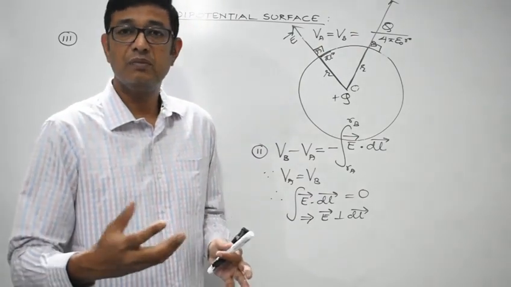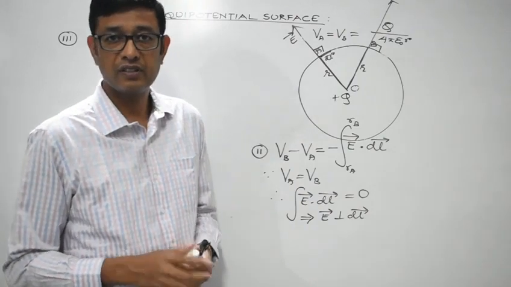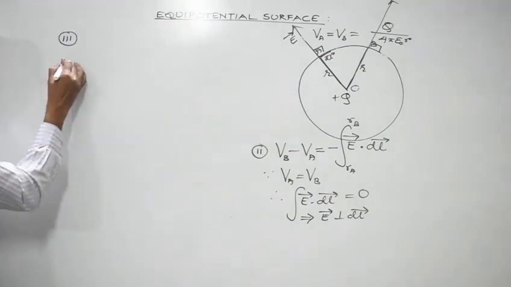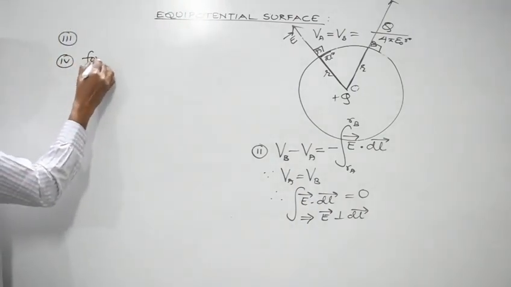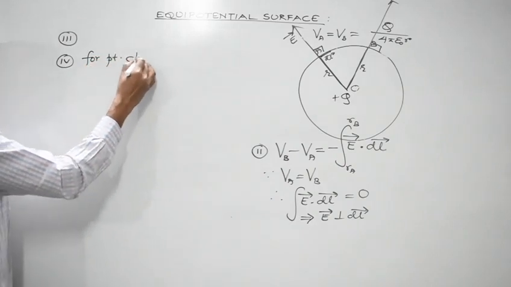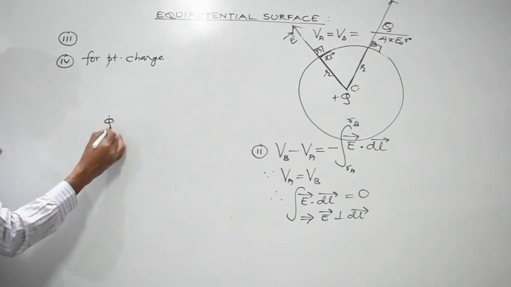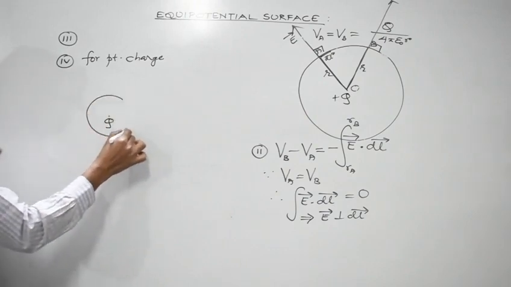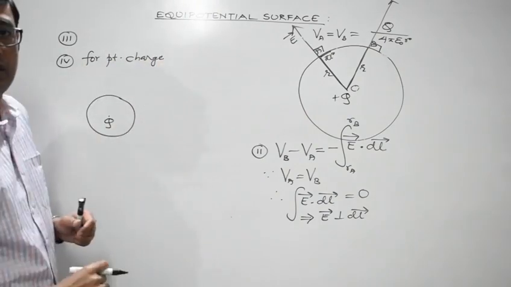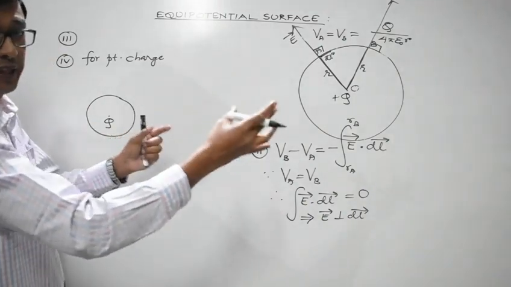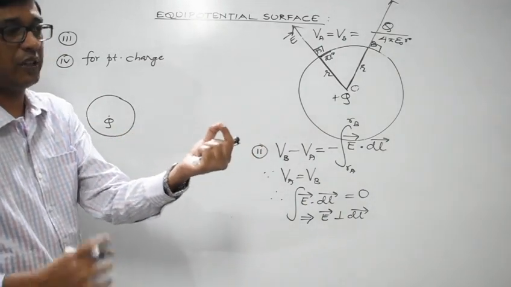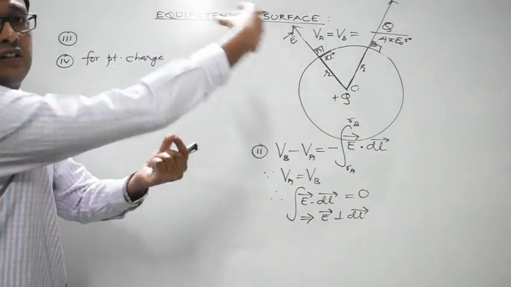Let's discuss some types of equipotential surfaces, like for point charge. This is a point charge. The equipotential surface must be in a plane, it is circle. While in space, if the point charge is placed in space, then the equipotential surface must be spherical.